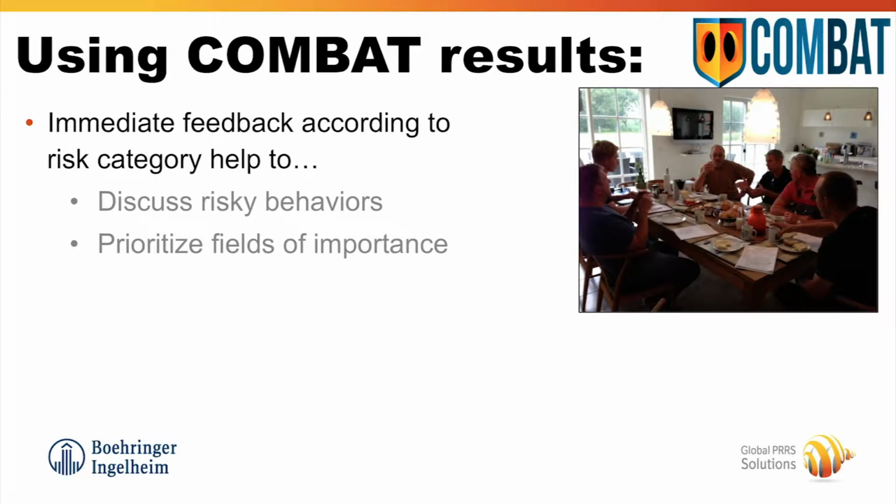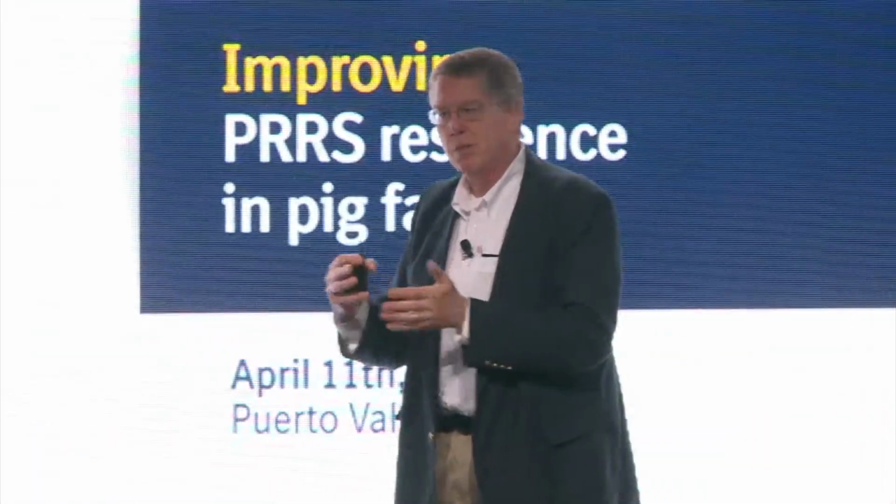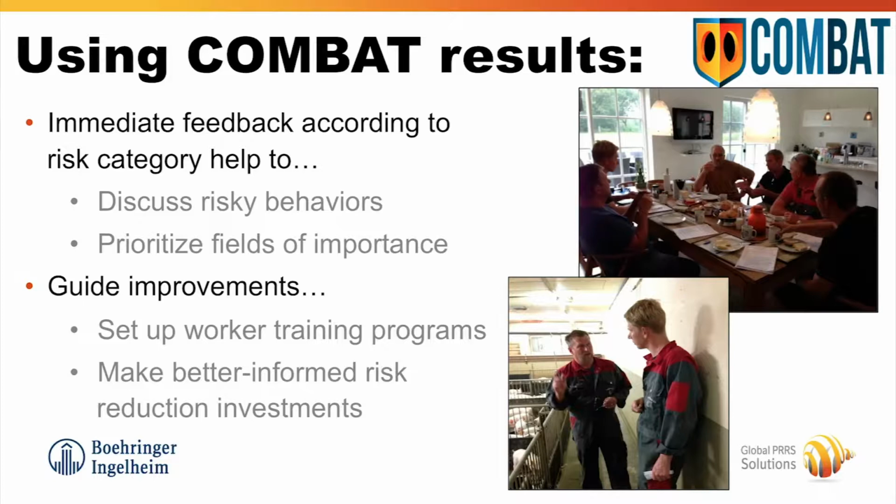These are the things that we can do something about, and then formulate action plans, prioritize what actions to take first, as well as in the execution of those action plans, use those to help guide improvements by setting up training programs with the workers out on the farms, as well as at a management level, help the leadership of the pig production systems make better informed investment decisions based off of their risk profile and the specific high target risks.